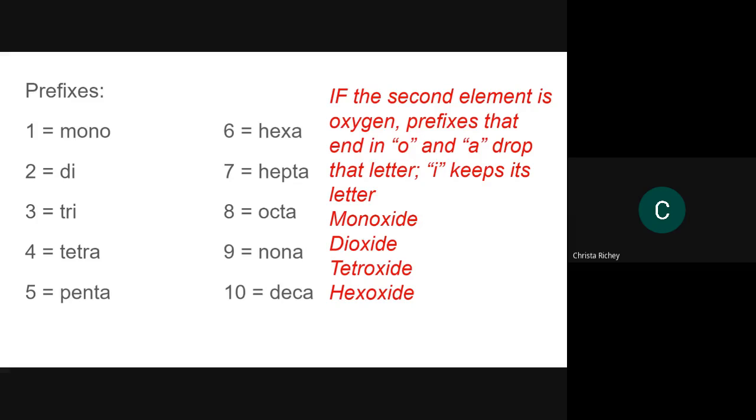The ones that end in O, mono, or if it ends in A, tetra, penta, all the other ones, not the ones that end in I, you drop the last letter of the prefix and then you put the oxide on it. So it's not monooxide, it's monoxide. It's dioxide, it's trioxide. It's not tetraoxide, it's tetroxide, pentoxide, hexoxide, heptoxide, octoxide, dinoxide, and decoxide.